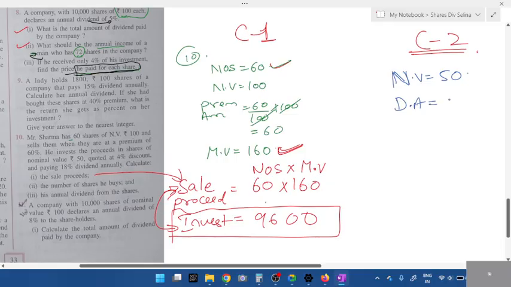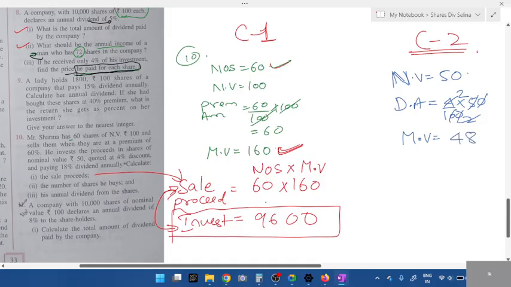The discount amount is how much? 4 divided by 100 into 50, which is rupees 2. So what is market value? Is discount addition or subtraction? So 50 minus 2 is?